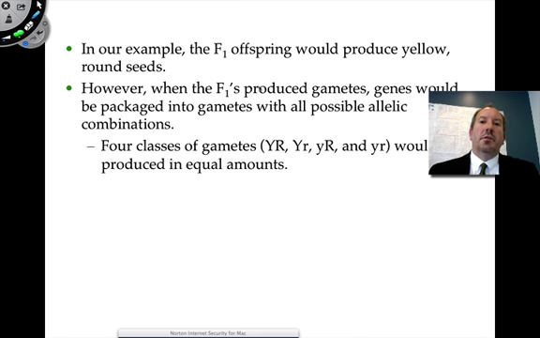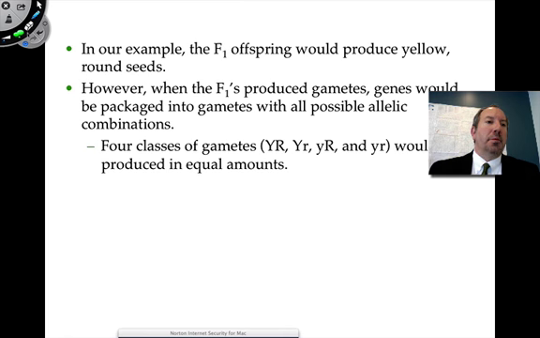The F1 are all yellow and round, but then, this is weird, if you take the yellow and round hybrids and self-pollinate them, you get 9-3-3-1 in the next generation.